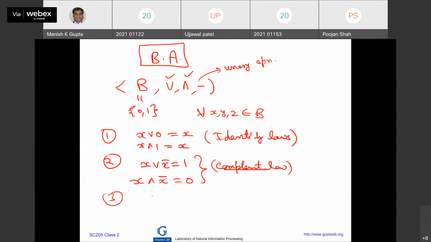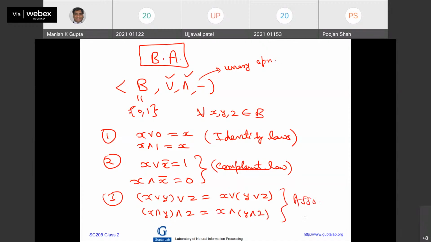Third, associative law: x join y join z equals x join y join z, and x meet y meet z is equal to x meet y meet z. Associative law. Two more laws which I can mention. So identity law, complement law, associative law.